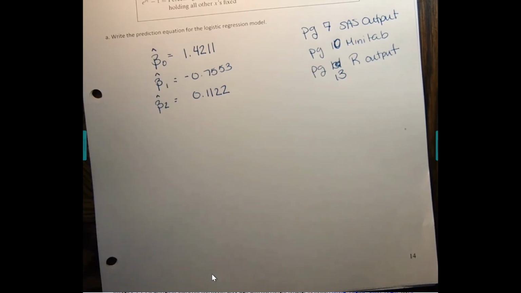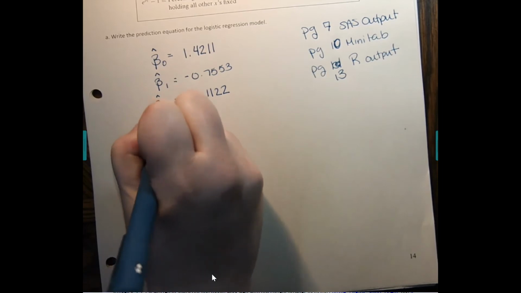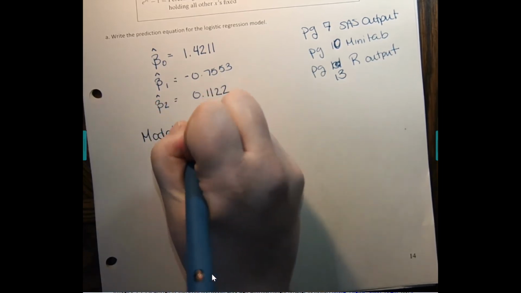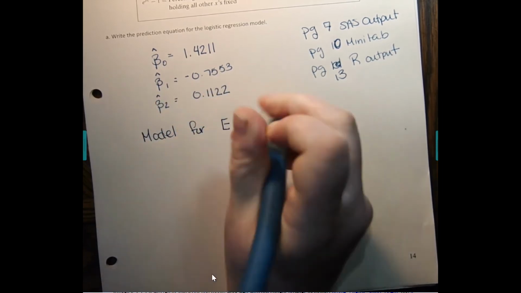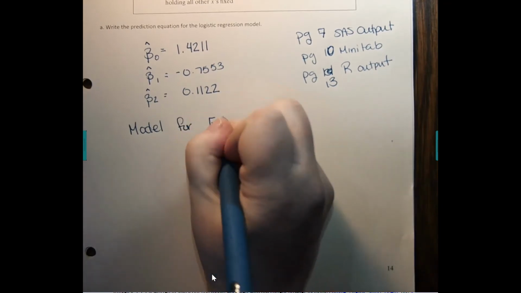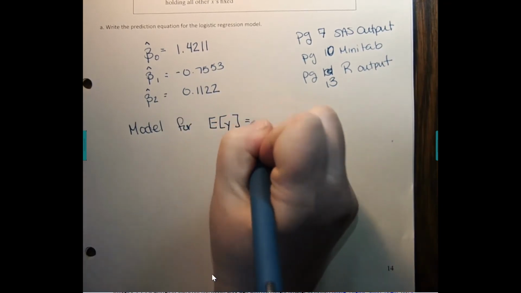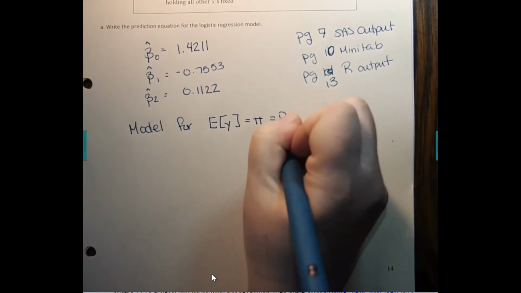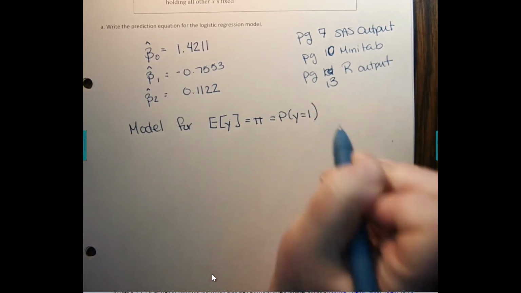Now we can write out our model. Remember that the model for the expected value of y is equal to pi, which is equal to the probability that y is equal to 1.